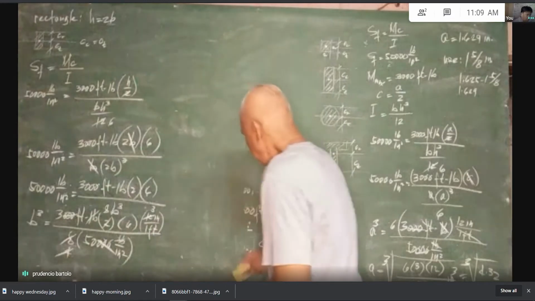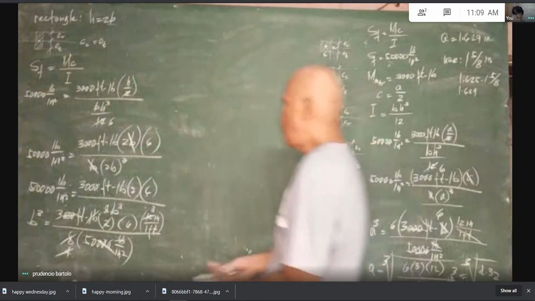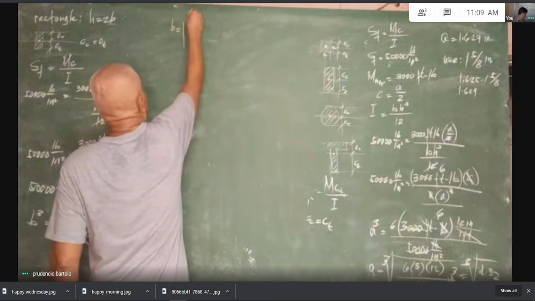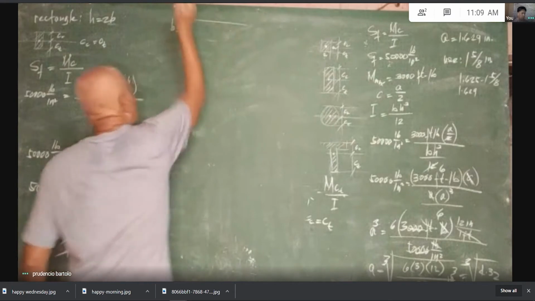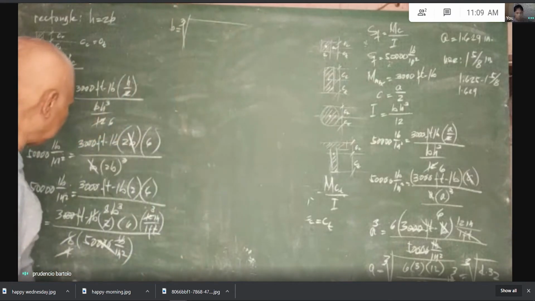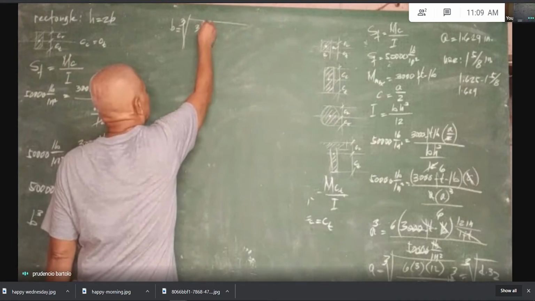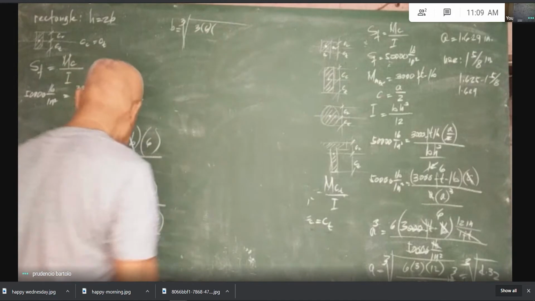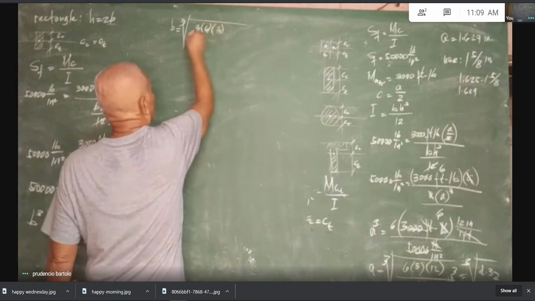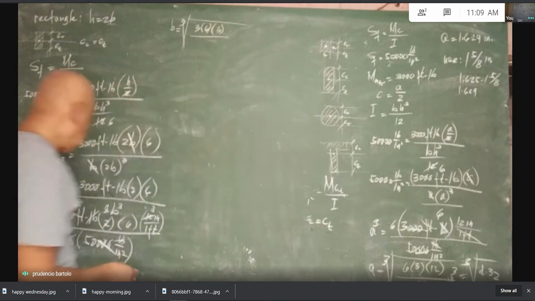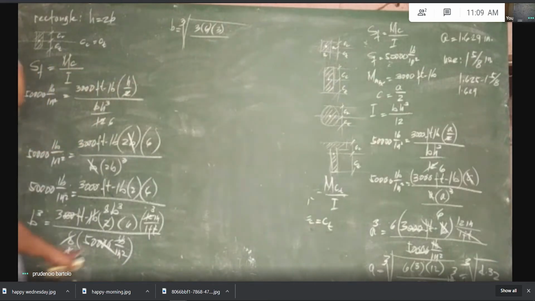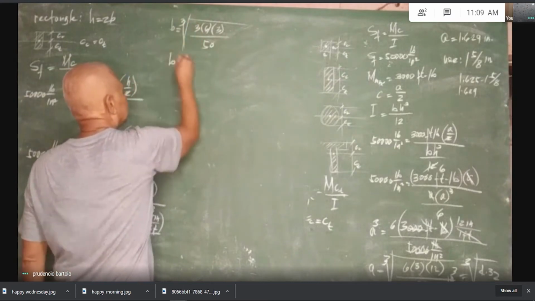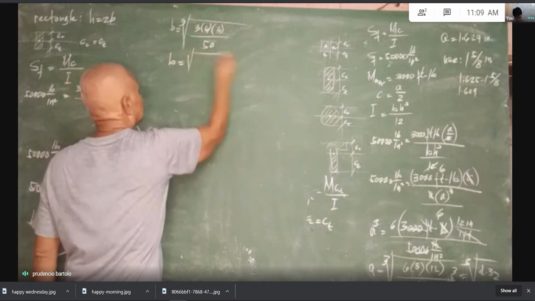So we have now the dimension of B. B now is equal to the cube root of 3 times 6 times 3 all over 50.